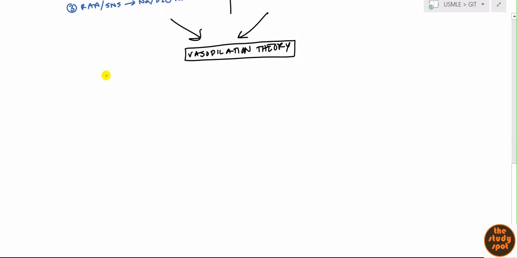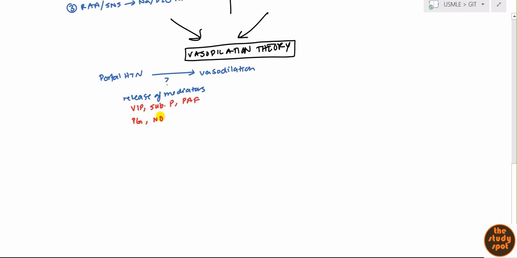Well, just like the underfilling theory, it starts with portal hypertension. However, this portal hypertension leads to vasodilation. Why? They've noticed that you have increased vasodilatory mediators, such as VIP, substance P, platelet activating factor, prostaglandin, and nitric oxide.